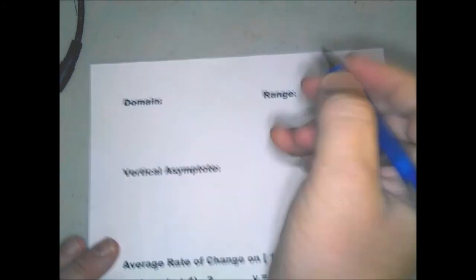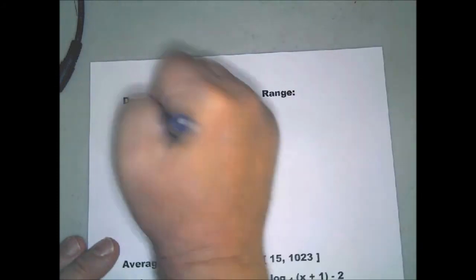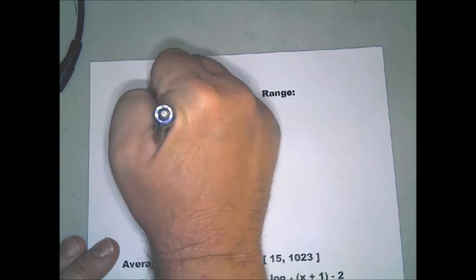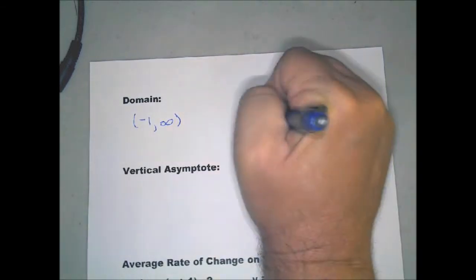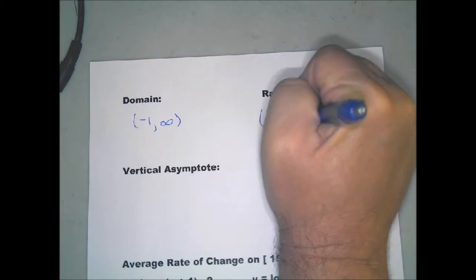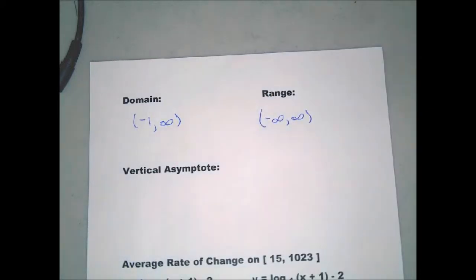So the domain is negative 1, not including negative 1, to positive infinity. And then the range is negative infinity to positive infinity.